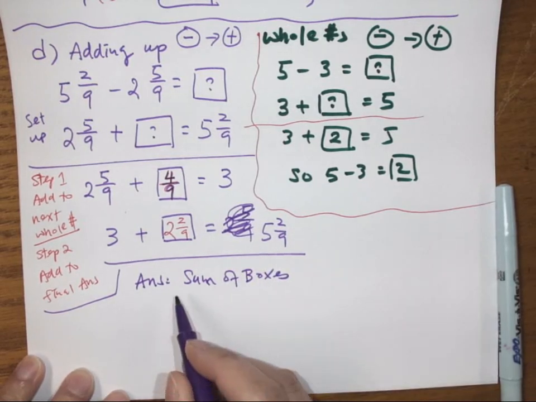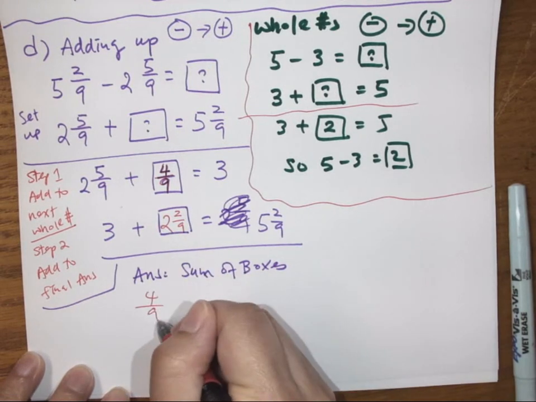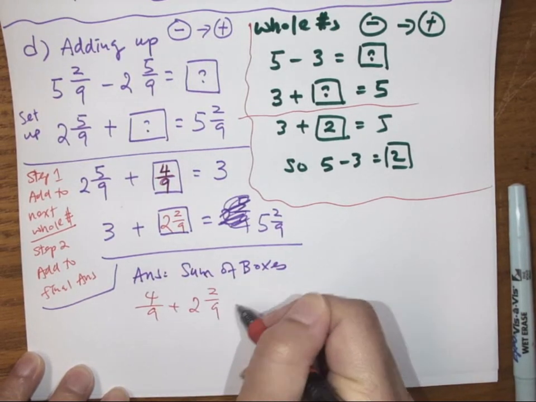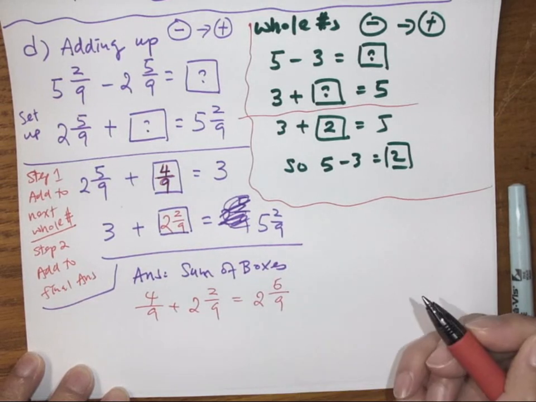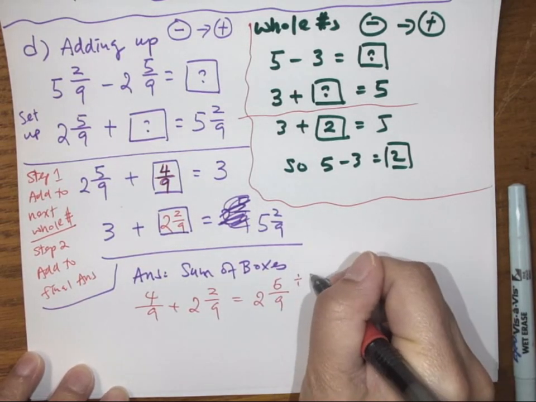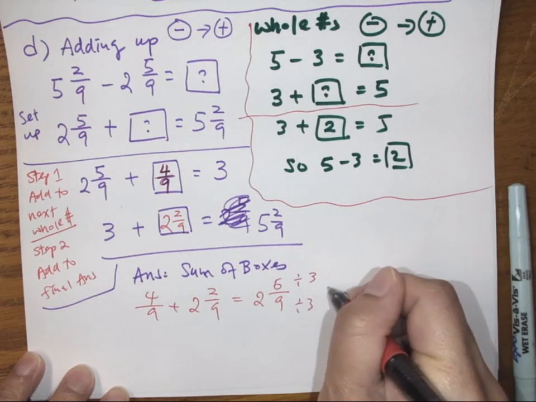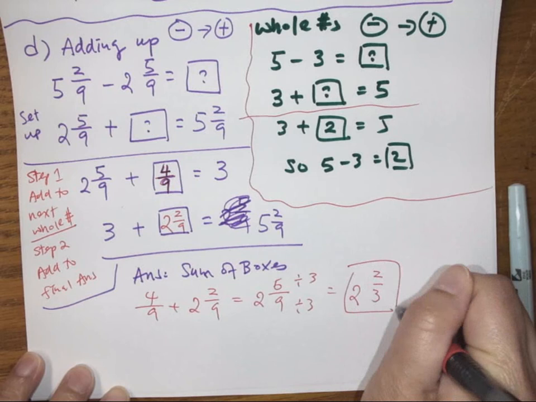So we have 4/9 plus 2 and 2/9. So that would be 2 and 6/9, right? So is that your final answer? No, because we can reduce, right? Divided by 3, divided by 3, equal to 2 and 2/3.